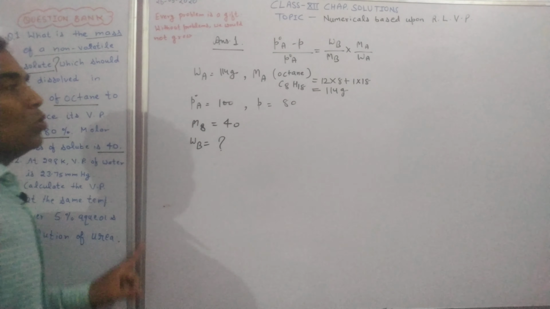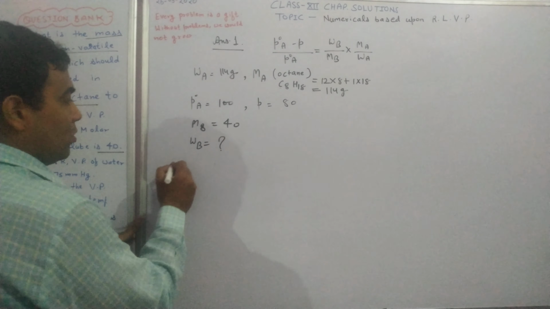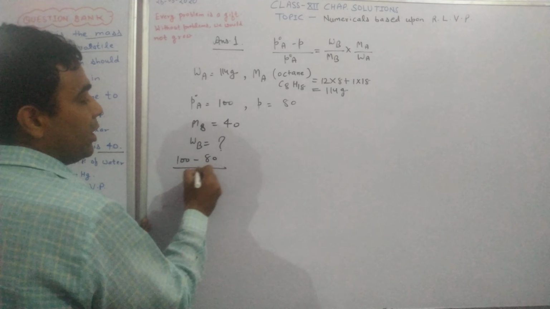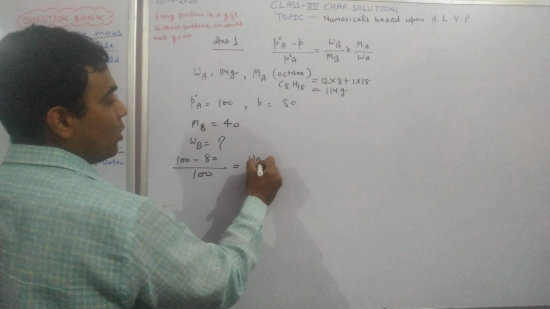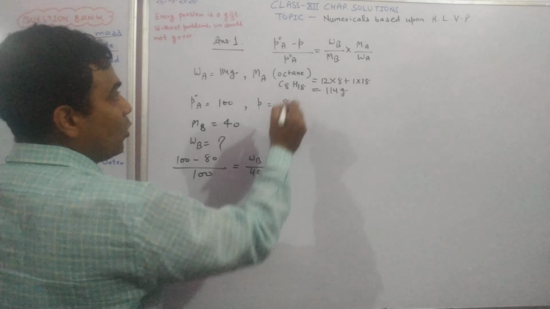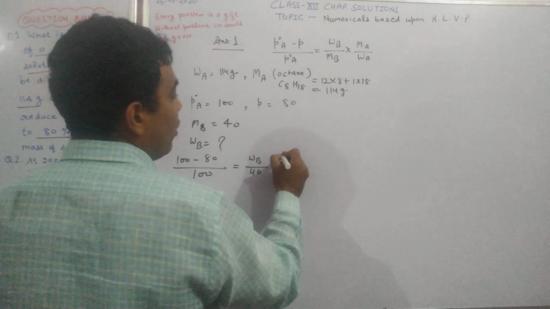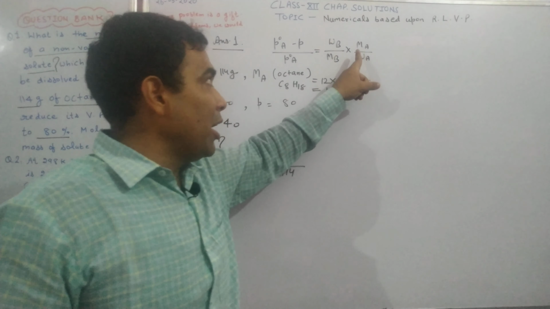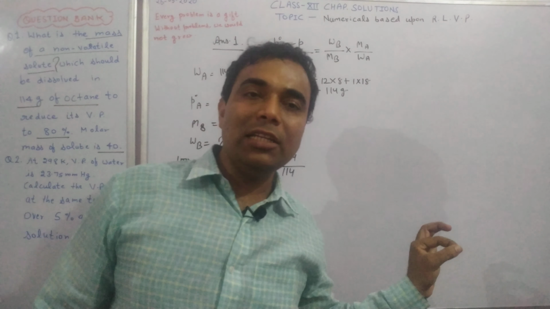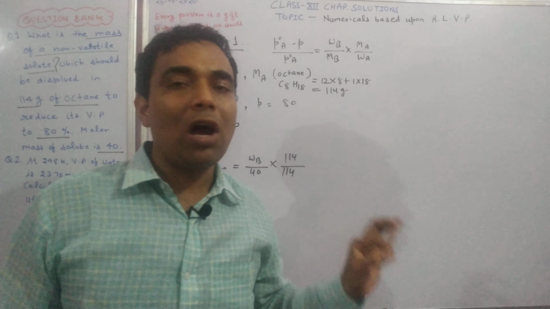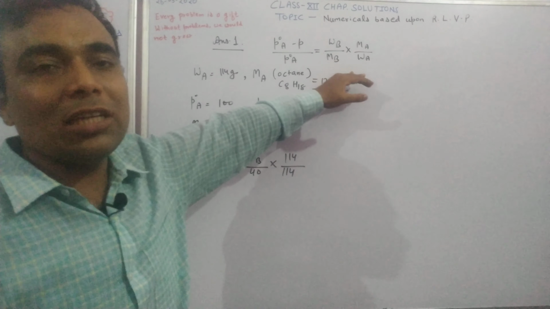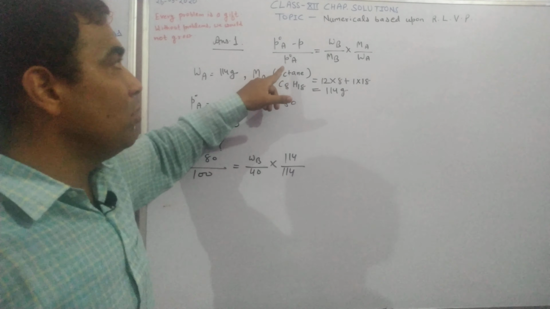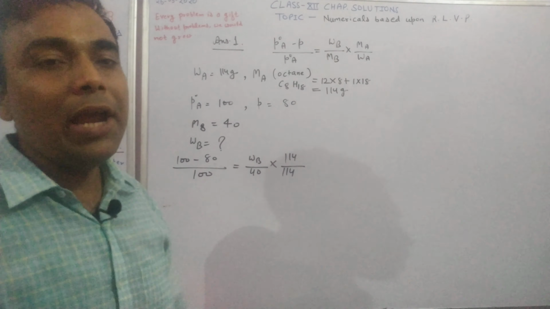And we have to calculate WB. So how will we calculate WB? From this equation, P naught A equal to 100 minus P equal to 80, divided by 100, equal to WB by MB, that is 40, into MA, that is 114, divided by WA, that is also 114. याद रखिएगा, इसके अंदर हमने इक्वेशन जो ली है वो आइडियल सॉल्यूशन के लिए ली है, और डाइल्यूट सॉल्यूशन में हम नीचे जो फैक्टर रखा जाता है उसको नेग्लेक्ट कर देते हैं, because in case of dilute solution P naught A minus P divided by P naught A equals WB by MB into MA by WA.